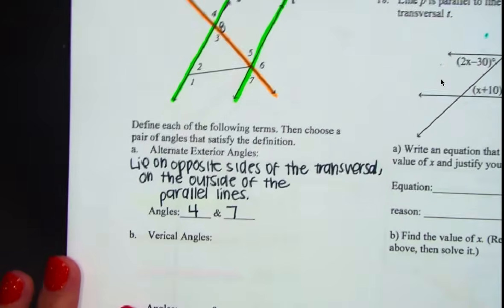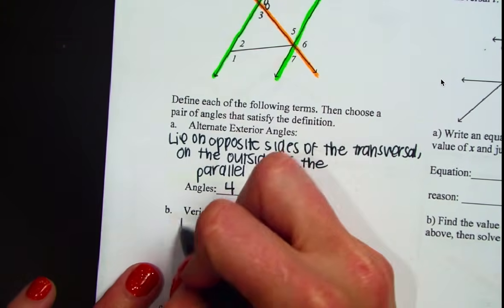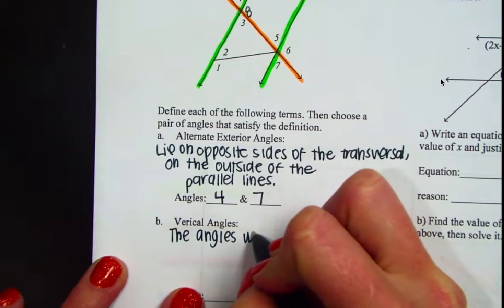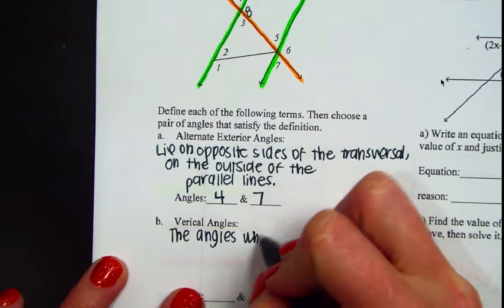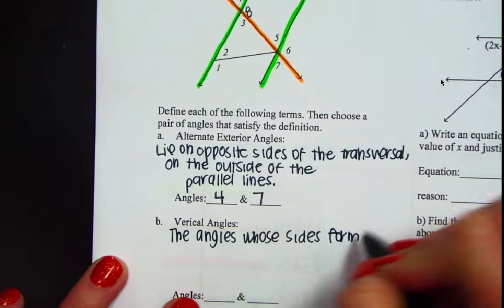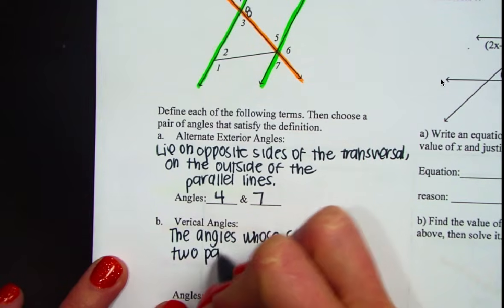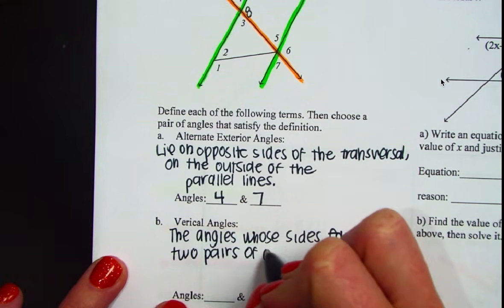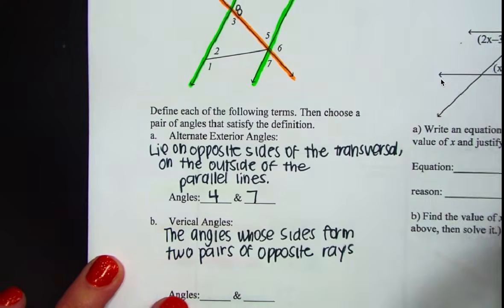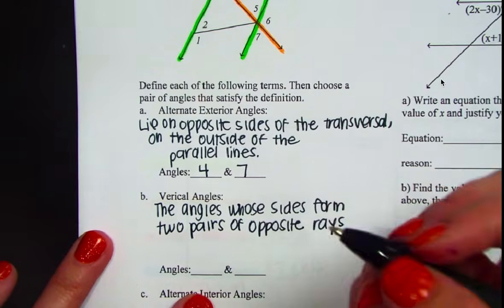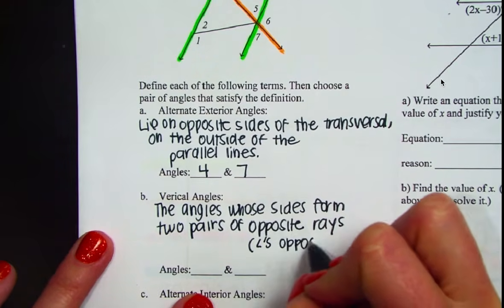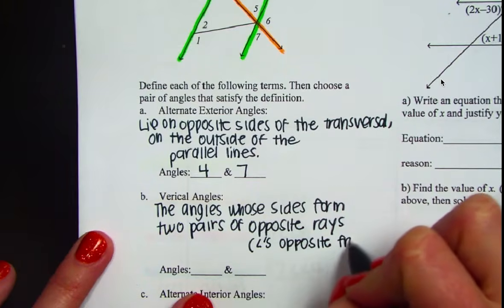Alternate exterior. Vertical angles are the angles whose sides form two pairs of opposite rays. Or a little mathematically incorrect way that I like to say is the angles that are opposite from one another.